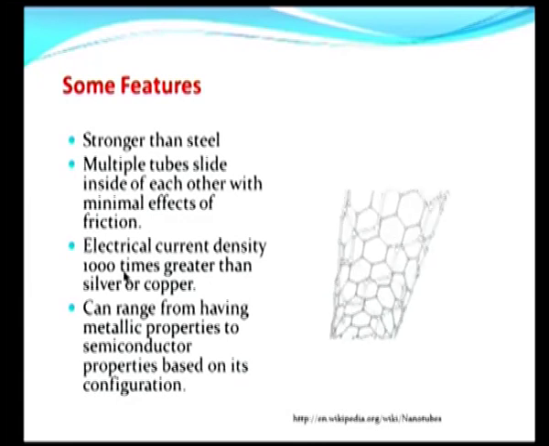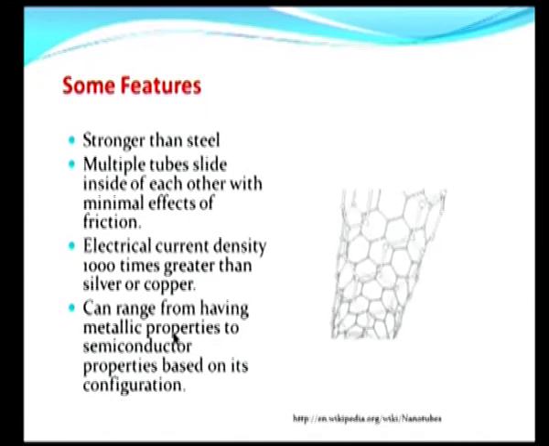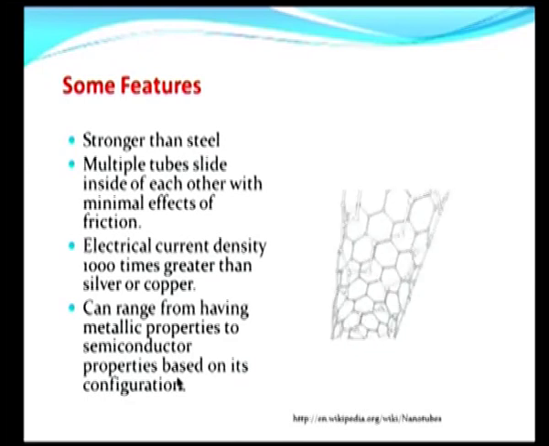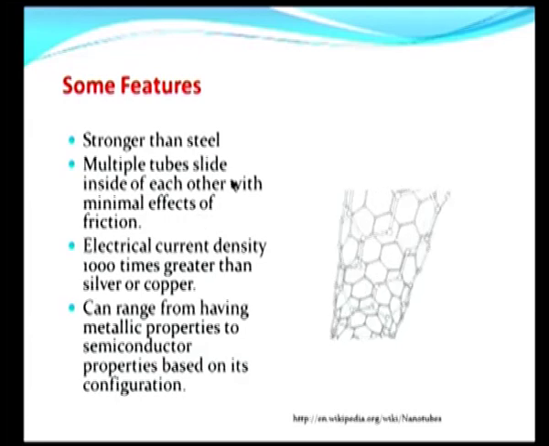It can support electric currents of density 1000 times greater than silver or copper, and surprisingly it can have properties ranging from that of a metal to those of a semiconductor based on the configuration of the carbon nanotubes. So, these are some of the unique features of carbon nanotubes, which are, as I said, especially if they are single walled, then you have a nearly one dimensional structure.